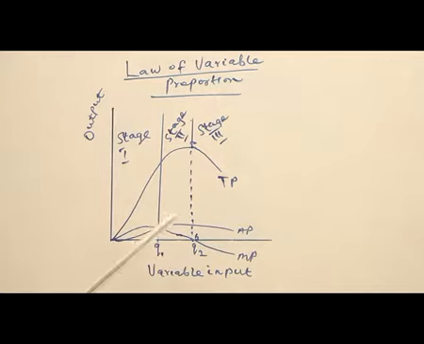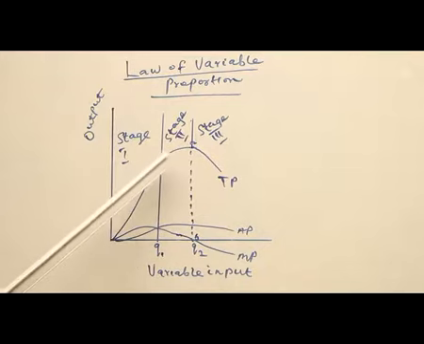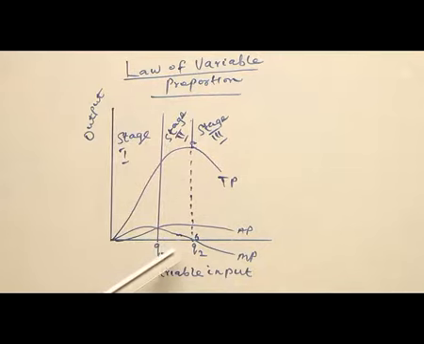What we are trying to understand is that there is a relationship between total product, marginal product, and average product. As the total product is increasing, before getting to the second stage, marginal product will be falling, but average product will be above marginal product.